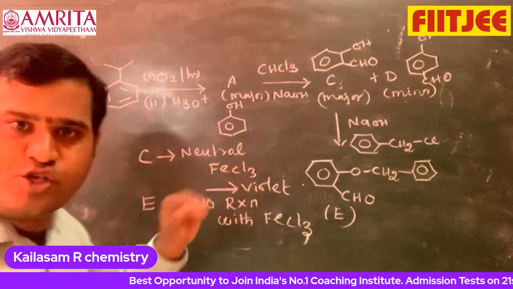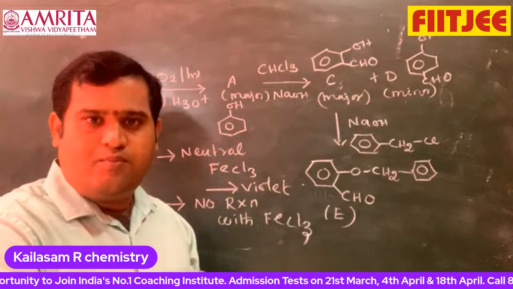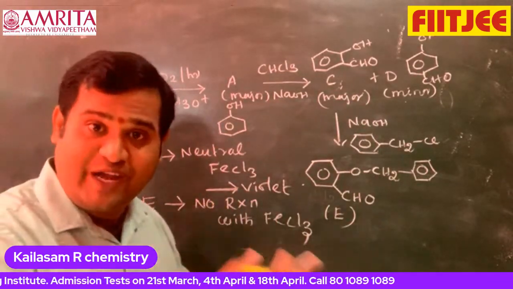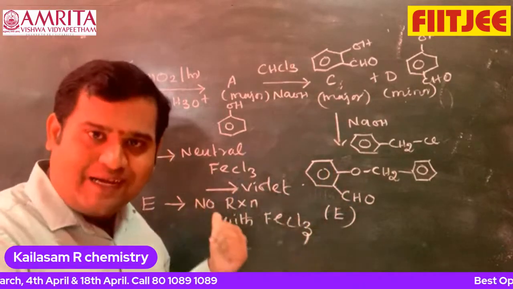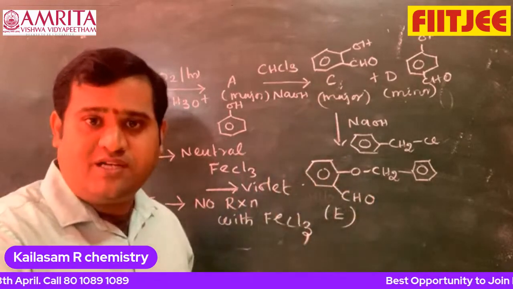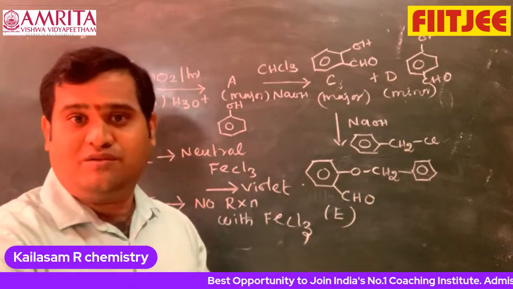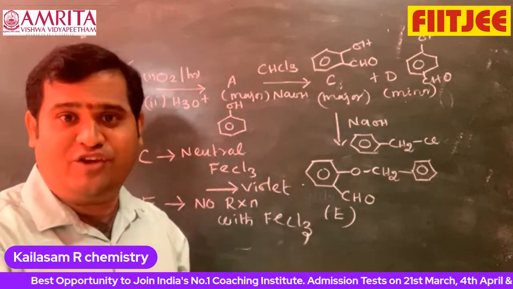So the statement they will ask you is: compound C produces violet color on treatment with neutral ferric chloride. Yes, the statement is right. They may say compound E produces violet color with FeCl3. It's an incorrect statement because it's an ether. Ether cannot form a complex with FeCl3, but phenol can form a complex with FeCl3 as a violet color.